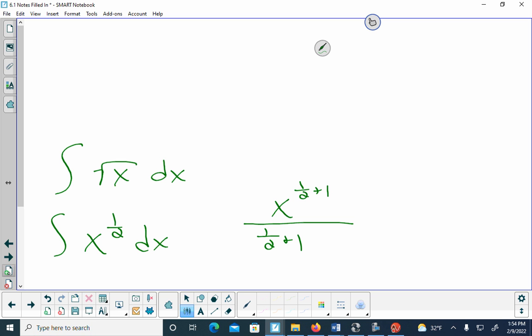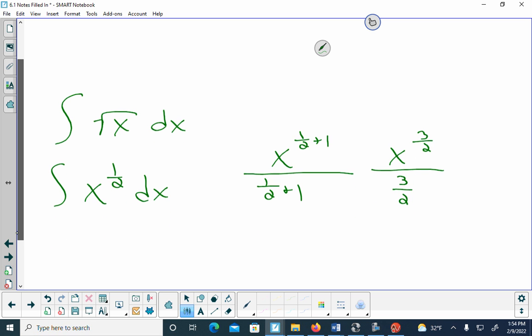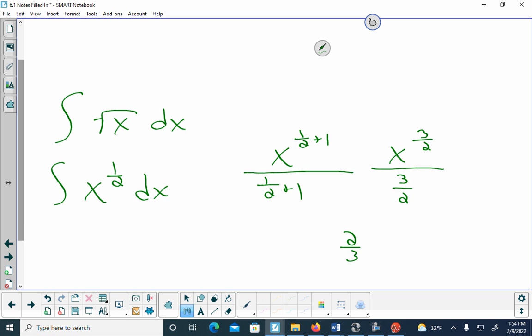So I get x to the 3/2. And I'm dividing it by 3/2, but I'm not going to leave it by 3/2, am I? I'm going to do 2 over 3, so this is going to be 2/3 x to the 3/2 plus c.